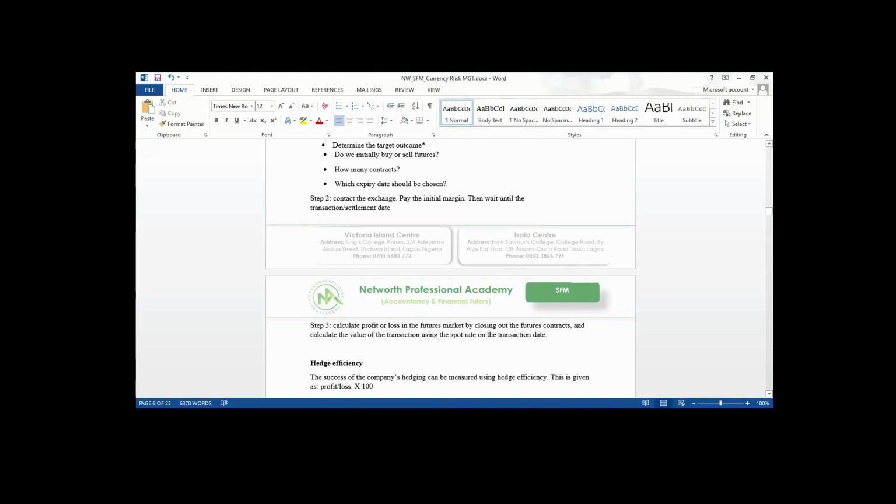The examiner will always give you the opening futures price. But the examiner will hardly give you the closing futures price. Please listen to that very well.